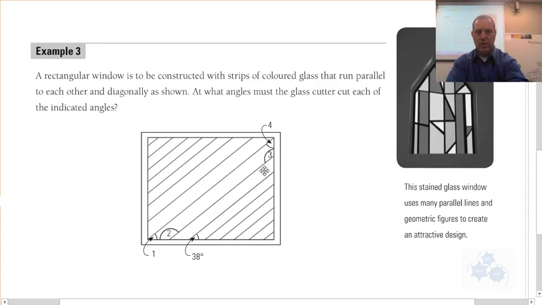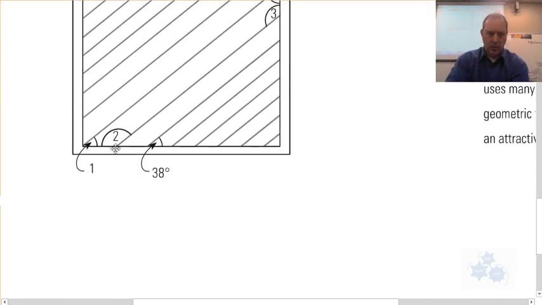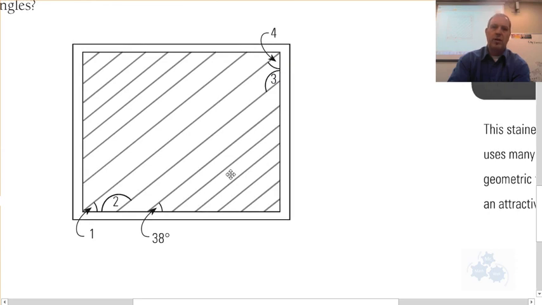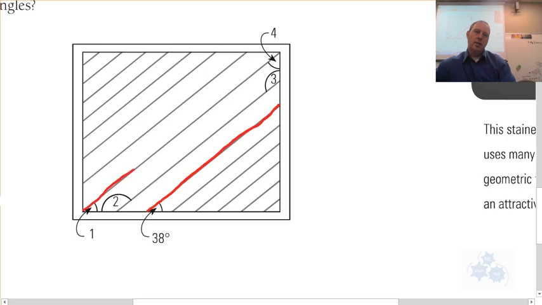So if we zoom in here, number 1 is down here, and we're also given that this is 38 degrees. This is number 2 as well. So here's number 3 and number 4. So interestingly enough, let's say for this line right here, I'm going to highlight that line. I'm also going to highlight this line. Now these strips of glass are parallel.